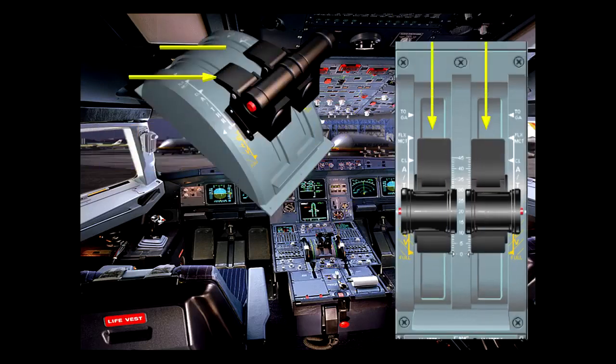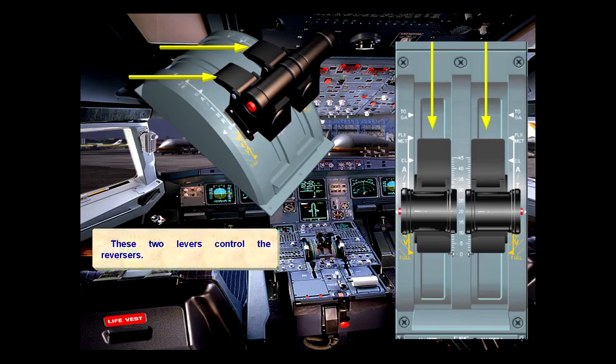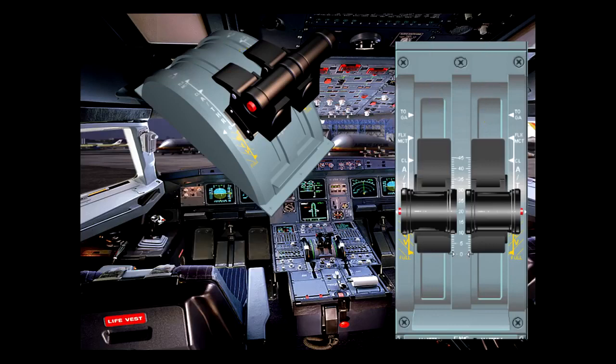These two levers control the reversers. The autothrust can be disconnected using the two red buttons, which are called instinctive disconnect push buttons.